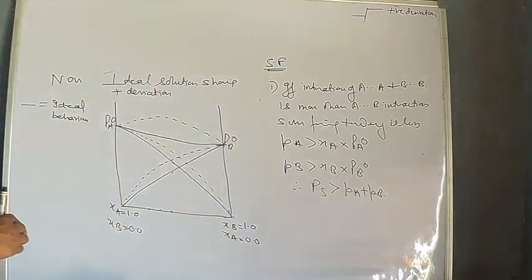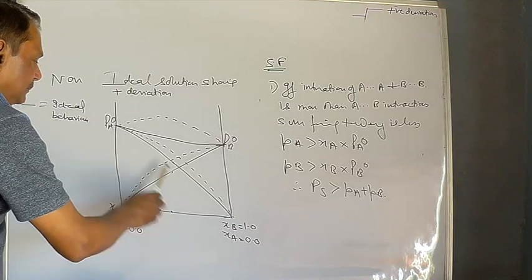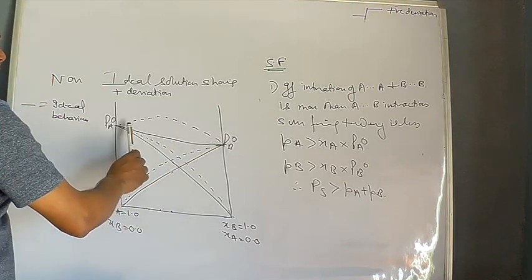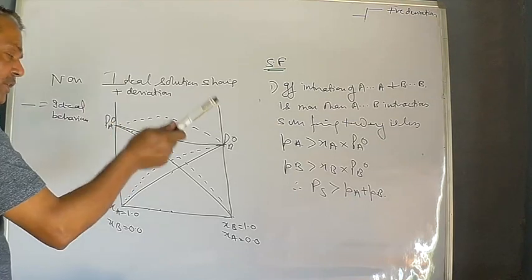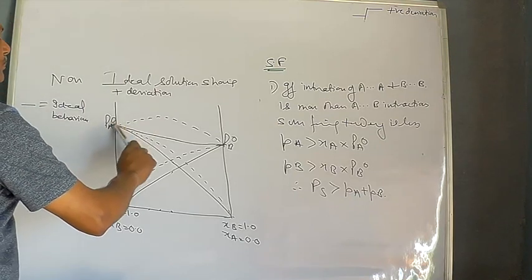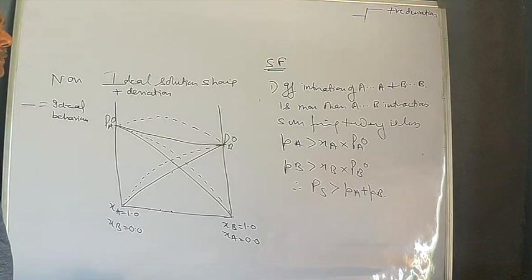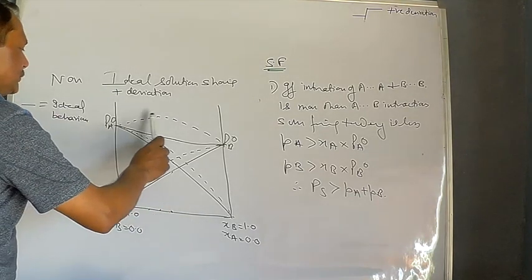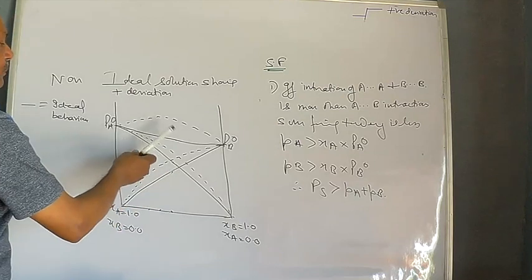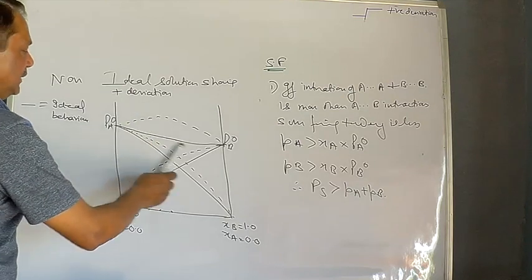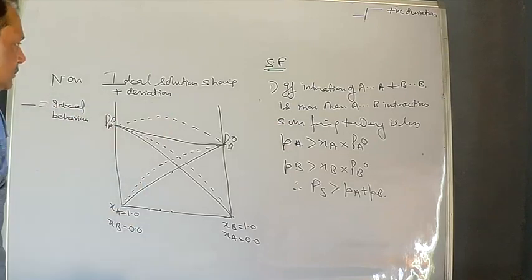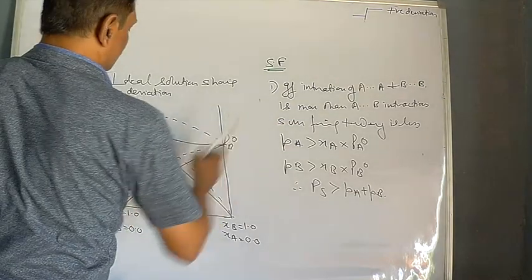So class, at any given composition we find that, this was the ideal curve, but the vapor pressure of the solution curve is always above PA naught and PB naught. So at any given composition of A and B, the vapor pressure curve of the solution will always be above the ideal behavior. That's why we call it positive deviation. So this was salient feature number 1.